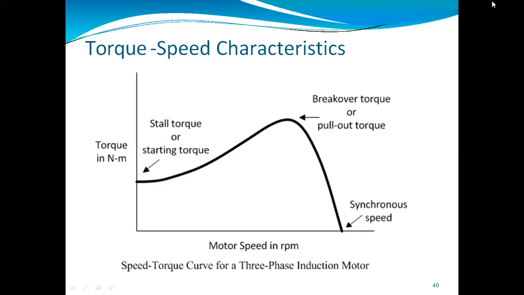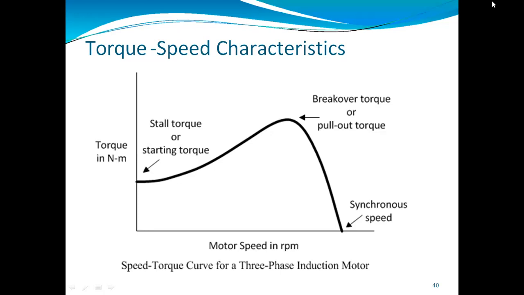We have the formula Ns equal to 120 f upon P. F is the frequency. If they give it, we take that frequency; if they do not, we can take the frequency as 50 hertz. The number of poles, 4, 6, or 8, they will give you in the numerical.